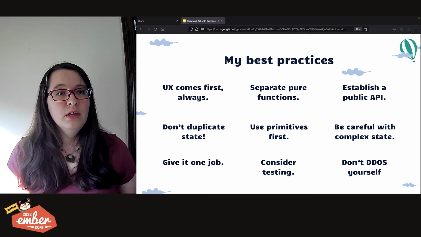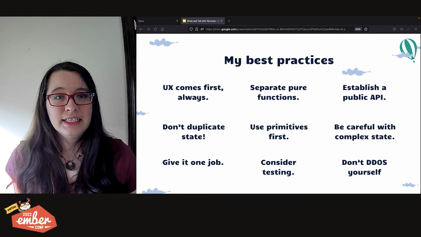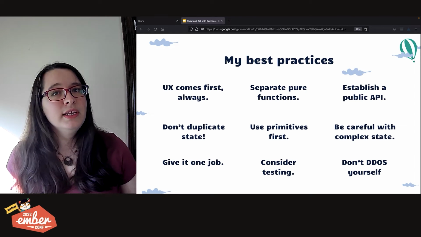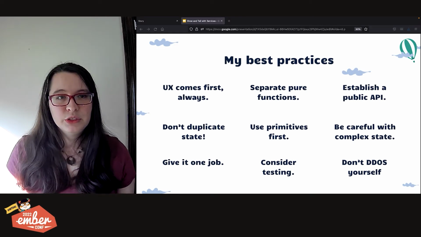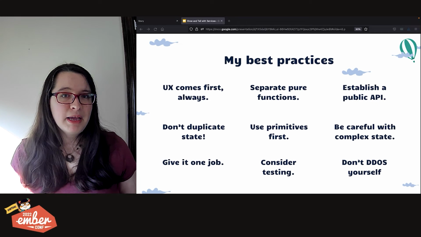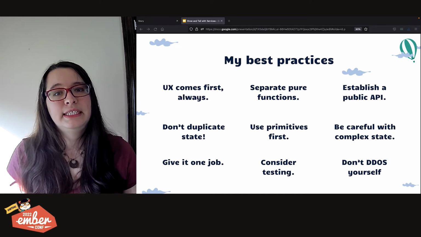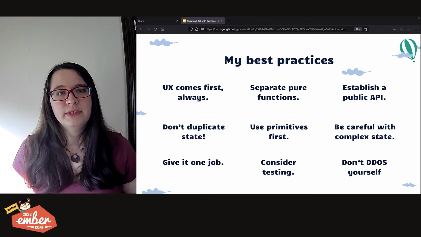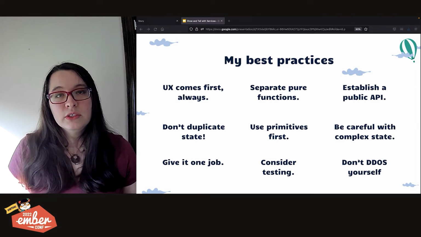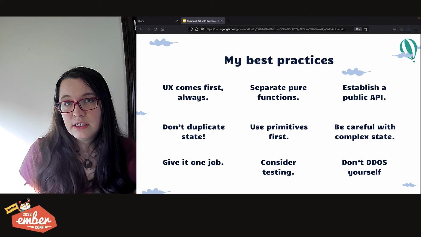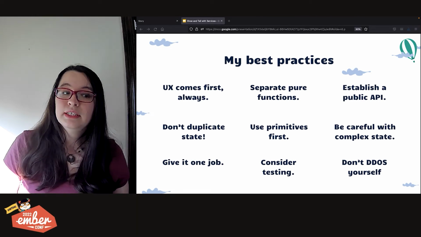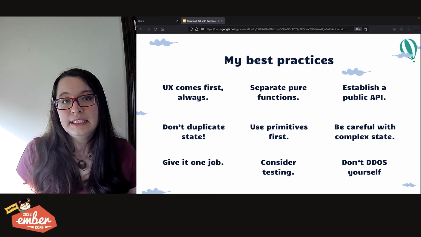Don't duplicate state. If you have methods in your component that set multiple booleans to true or false, that is a code smell. Really try hard to use tracked properties and derive your state instead of keeping lots of booleans. I also recommend using primitives to store your data as long as that serves your needs.